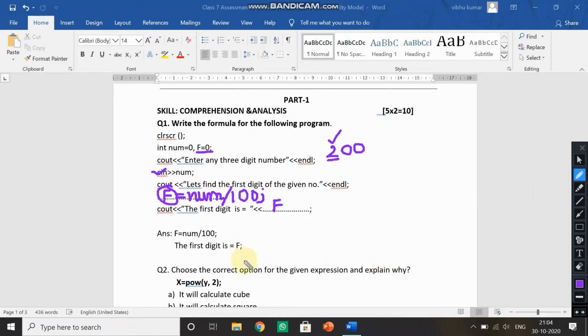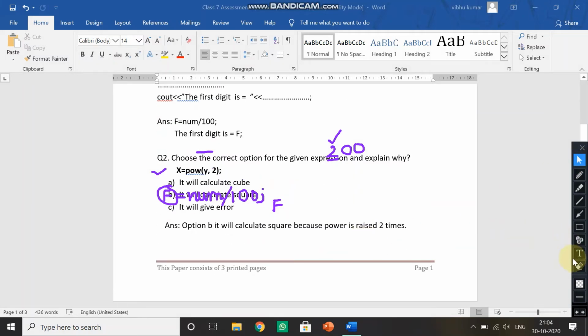Now we'll move to the next. Here, let me erase this. Now, the second question is: choose the correct option for the given expression and explain why. X is equal to pow y comma 2. So what will it calculate? It will calculate cube, it will calculate square, or it will give error.